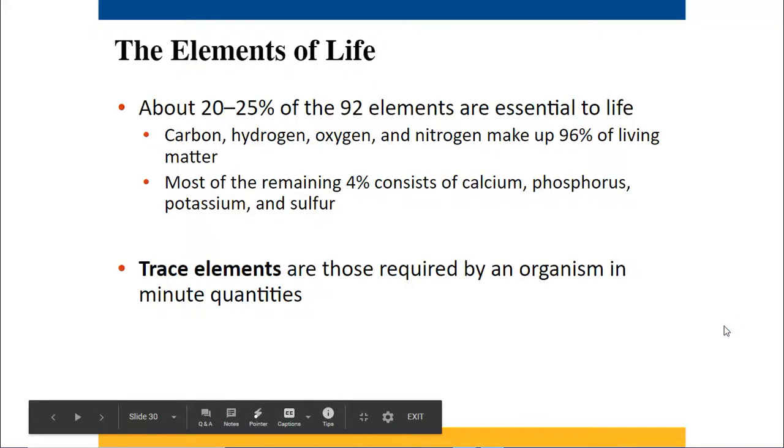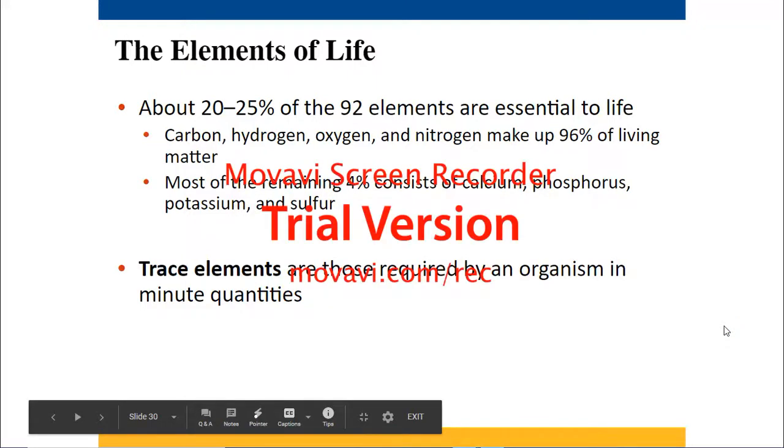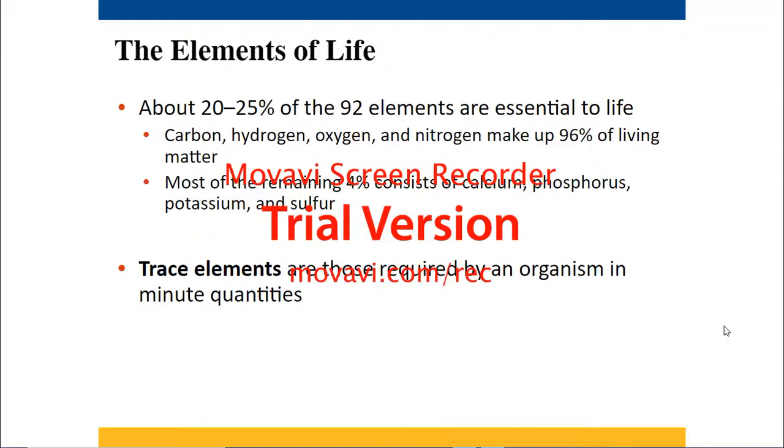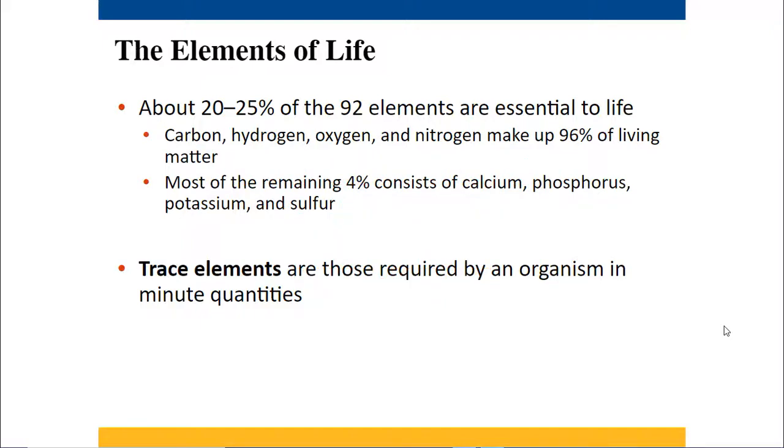All right, so now let's talk about how these elements are essential for life. There are 92 elements, and roughly 25% of them are essential for life. You hear the word organic a lot, especially when you talk about food and going to the grocery store.